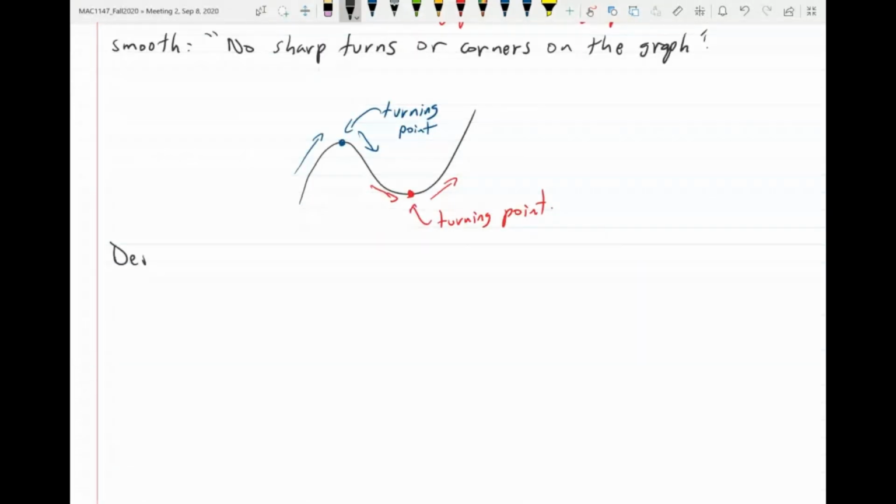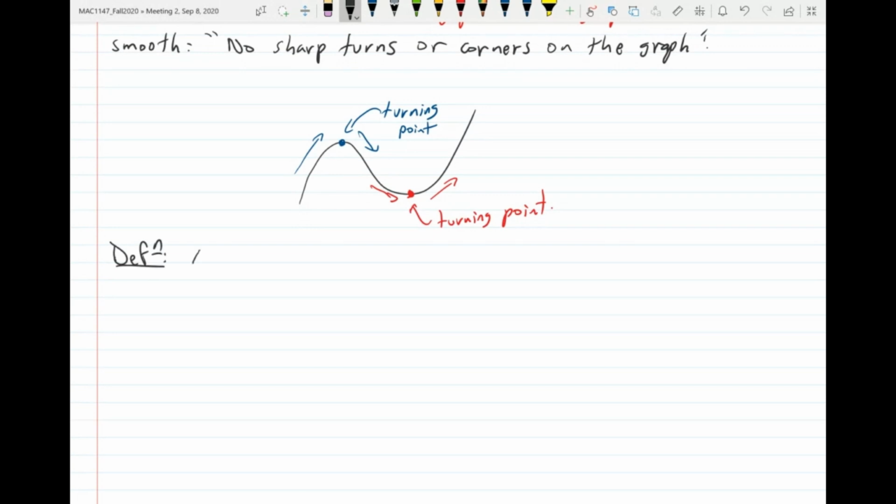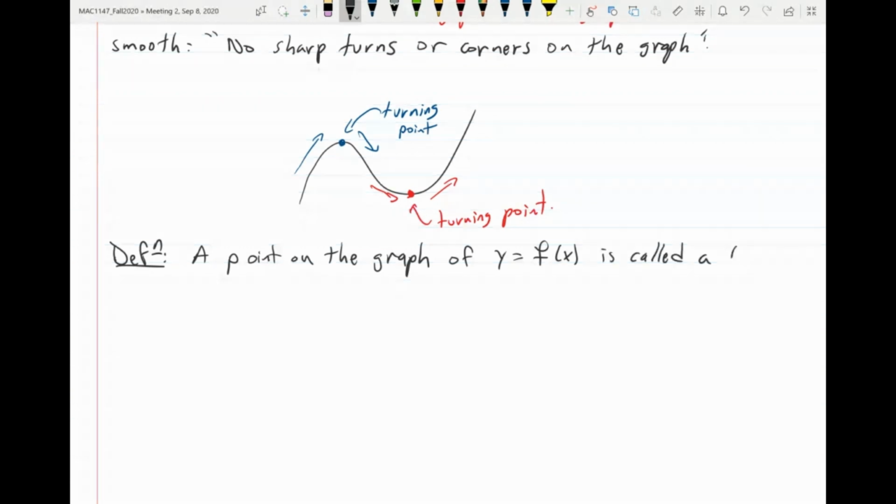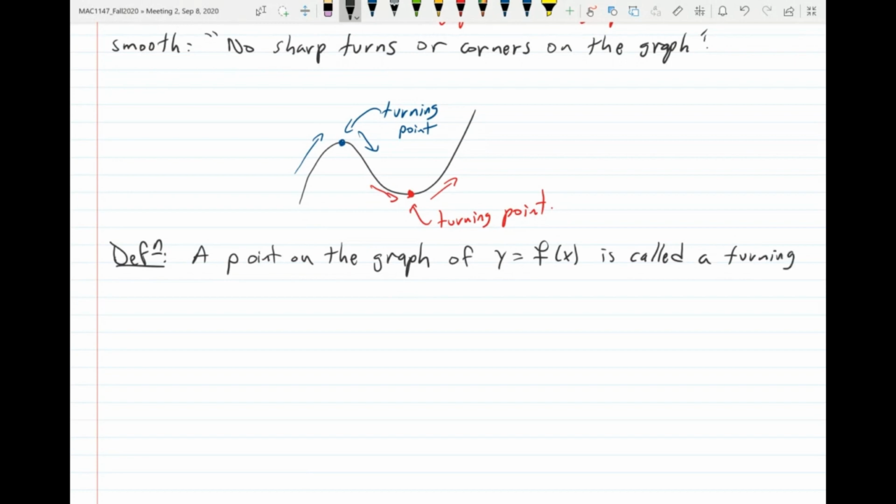So definition: a point on the graph of y equals f of x is called a turning point if the graph of f changes monotony around the point.